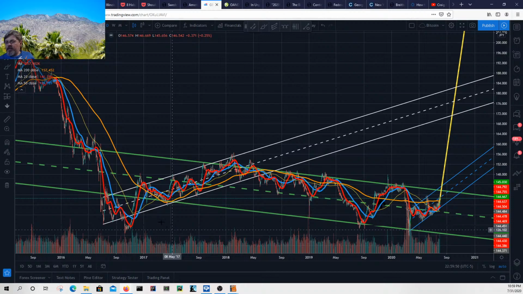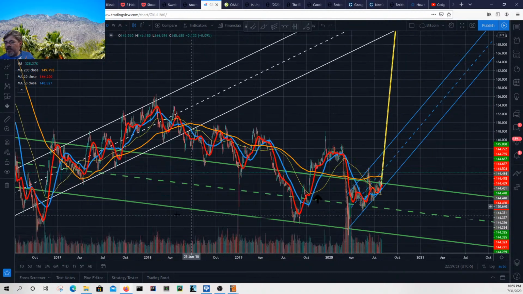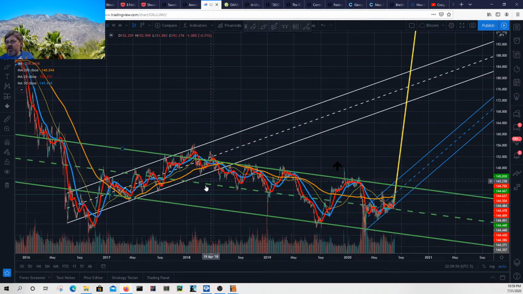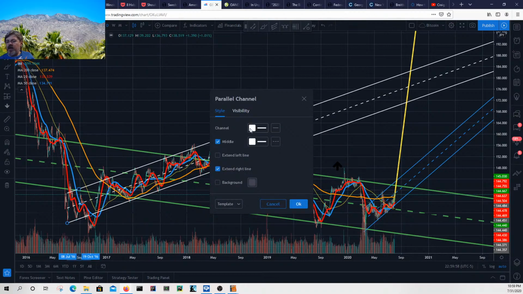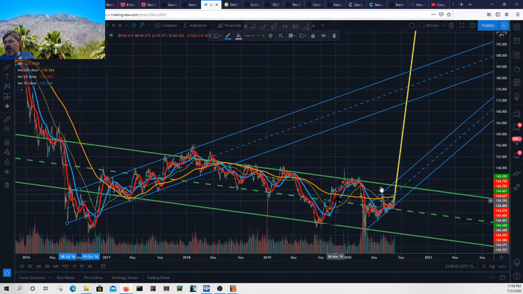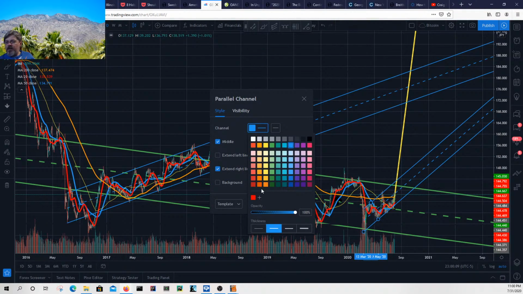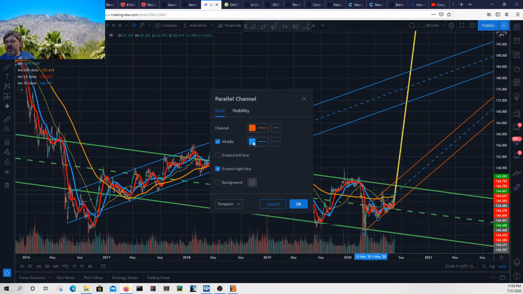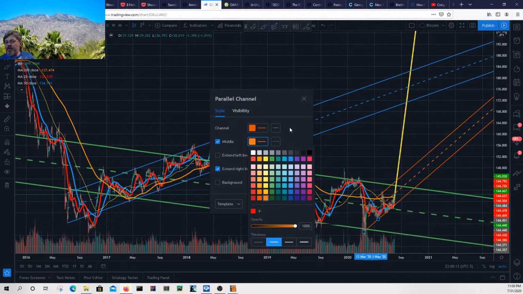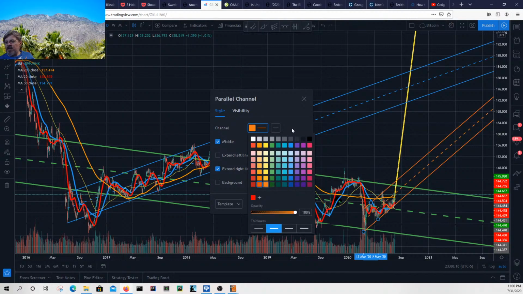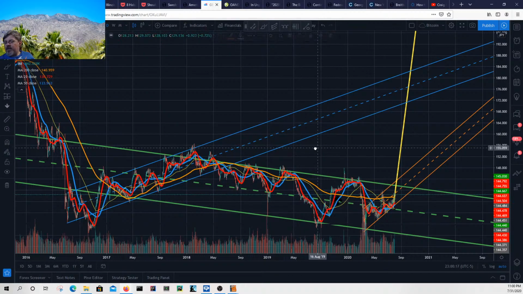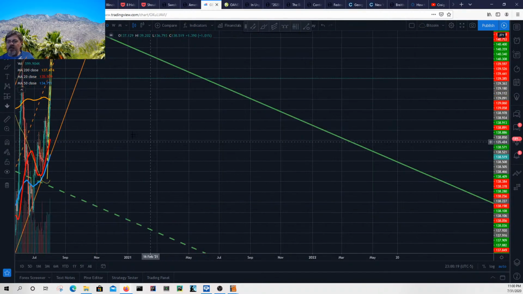But anyway, sorry for that little diversion. So what I try to do is I keep green for the really high time frames. I keep blue for the one below that. This one should probably be orange, just to keep it consistent. I might prefer that color. All right, so then you drill in.